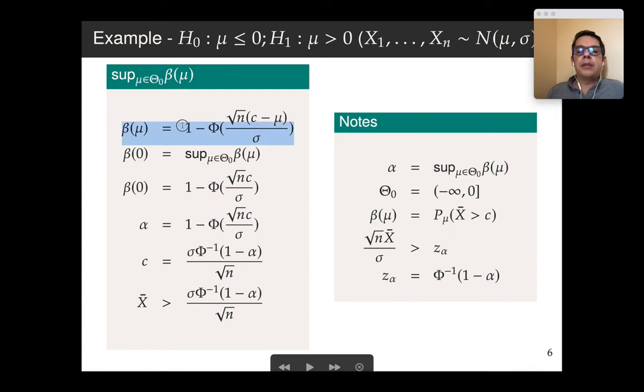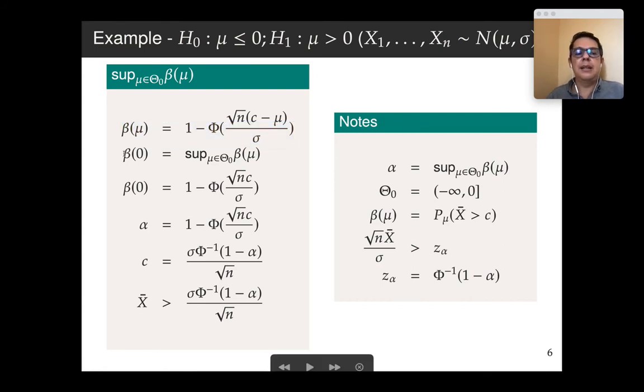And remember the equation that we arrived at in the last step, which is this one. As you can see here, if you modify mu, the maximum value that this equation can have is when mu is 0.